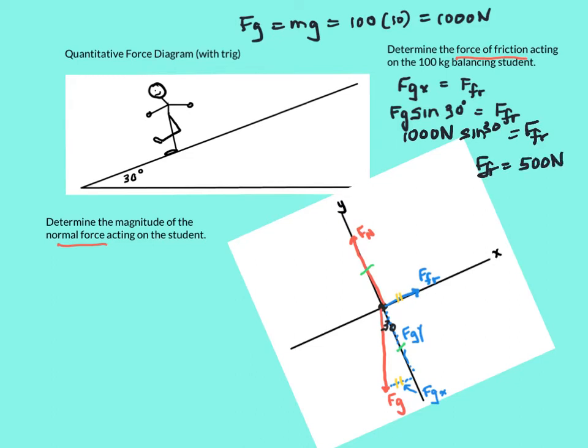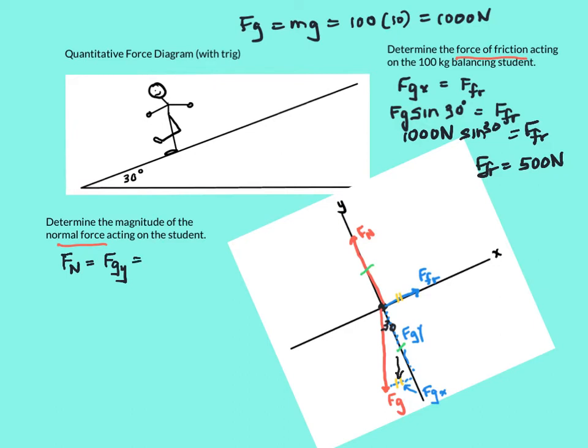We can use this relationship, the sine of the opposite, so the sine of 30. Similarly, we'll do this to find the magnitude of the normal force. The magnitude of the normal force is equal to the magnitude of the force of gravity in the y direction. Again, the normal force is positive and the y component of the force of gravity is negative, so I'm just talking about magnitude here.